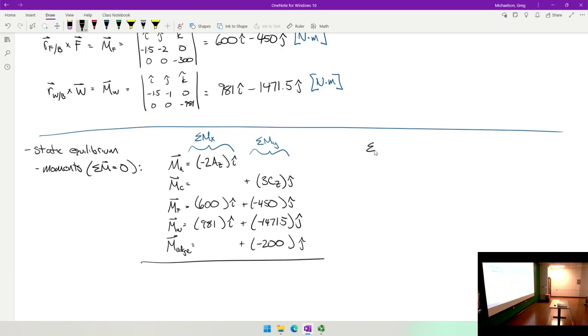So if I sum moments about the x-axis, I'm going to get negative 2Az plus 600 plus 981 equals 0. I could solve that pretty easily and get Az is 790.5 newtons.